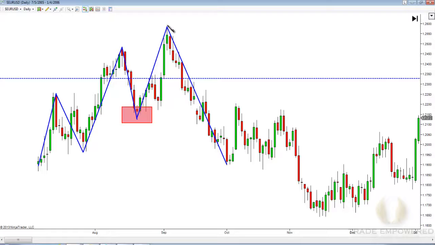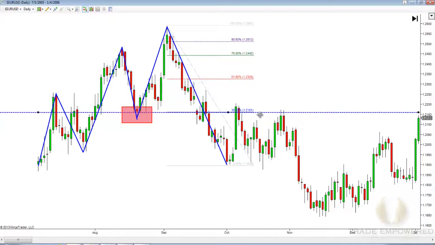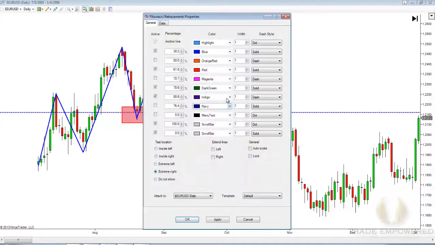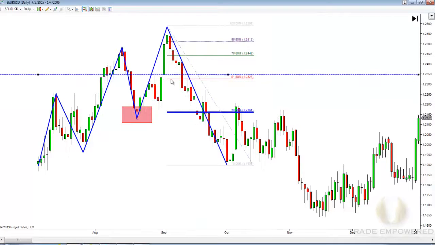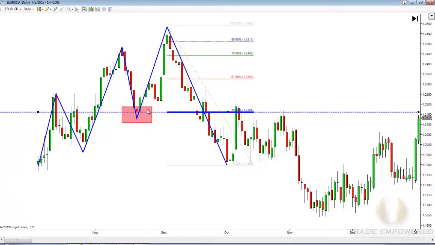So I'll take my Fibonacci retracement tool, just like before, swing high to swing low on this impulse leg, and what do you know? I'll see that my 382 Fibonacci retracement, let me thicken this up for you some, comes in at the same level as this structure, giving me more confirmation that this is going to be a key level in the market.